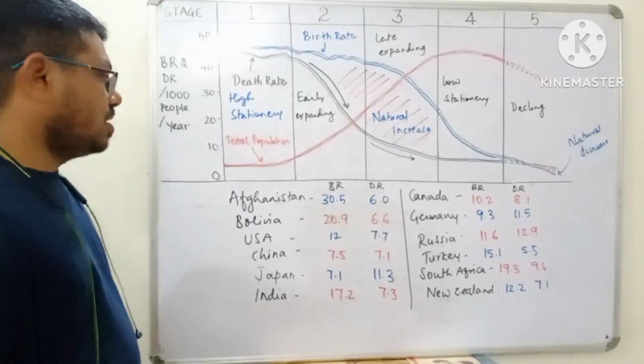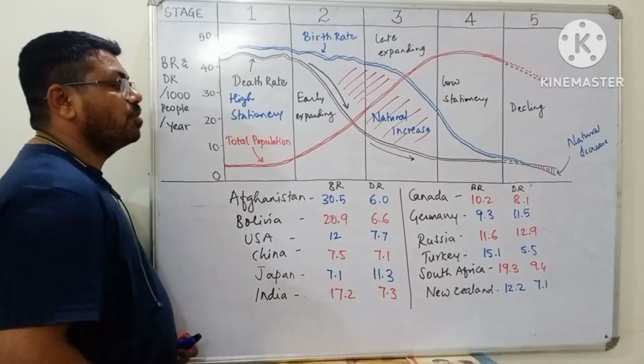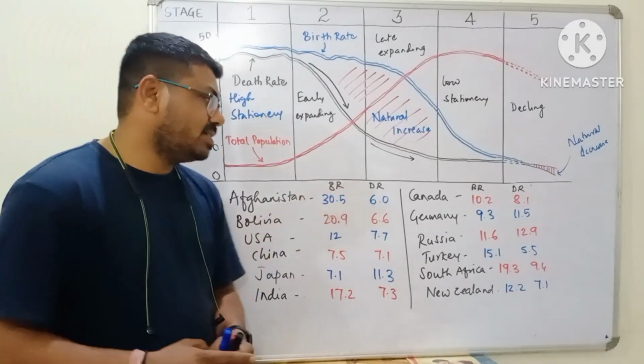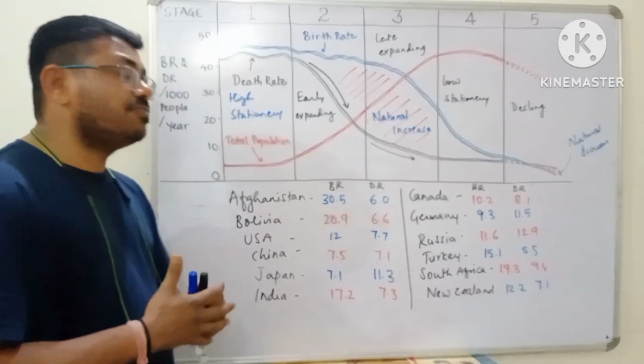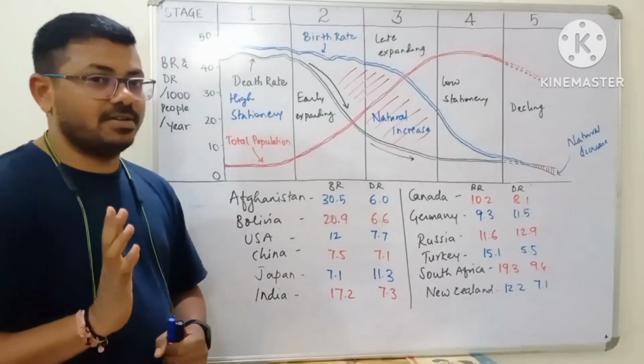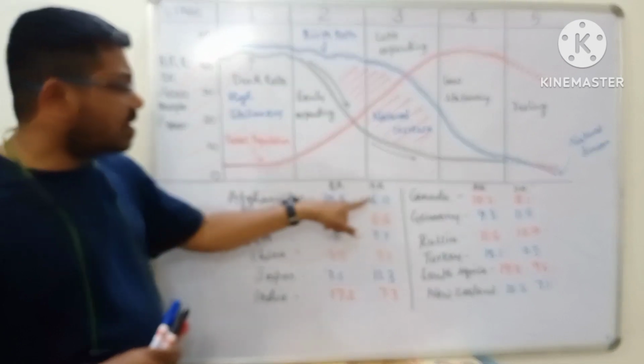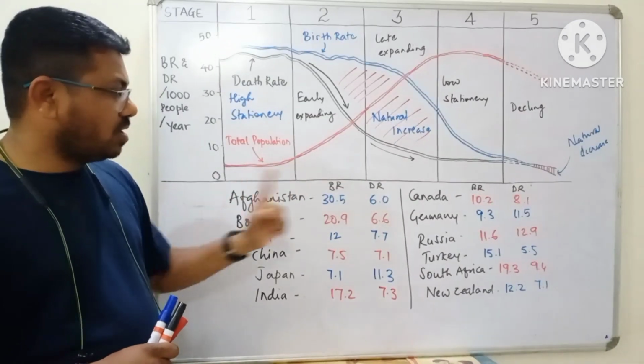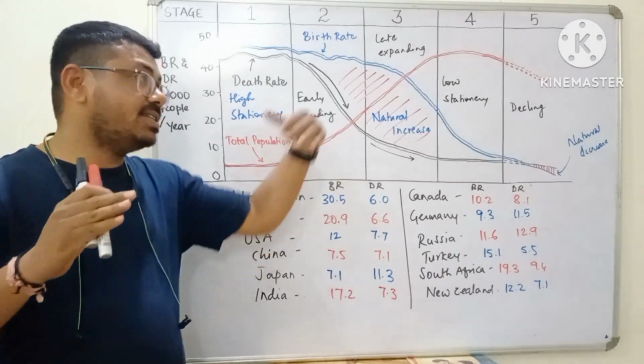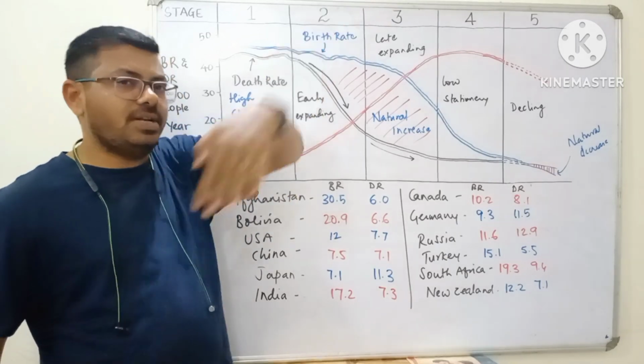So, let us see Afghanistan. Afghanistan's birth rate is 30.5 and death rate is 6.0. First of all, 30.5 is a very high birth rate, right? But the death rate of 6.0 is not exactly low, but it is falling.